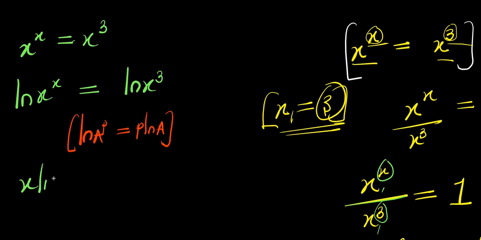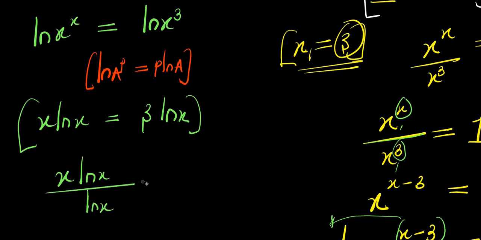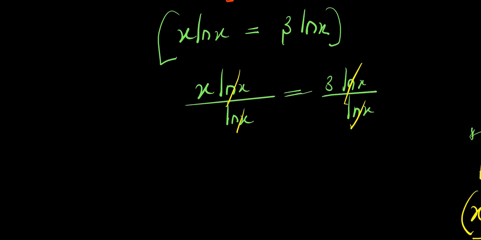So you have x times natural log x equals 3 times natural log x. Now at this point, I can decide to divide this by natural log x and divide this by natural log x as well. This eliminates this, meaning I will have x equals 3.